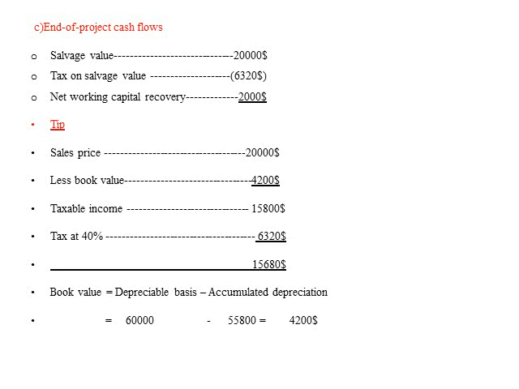Net working capital recovery is $2,000. So the result will be 15,680. So the end of project cash flow is 15,680.